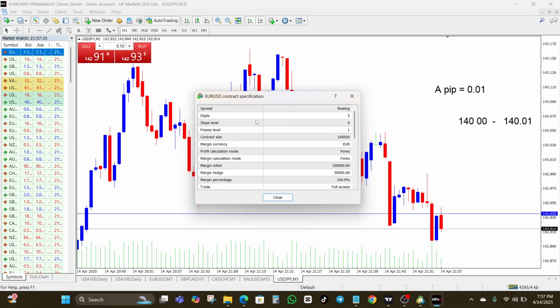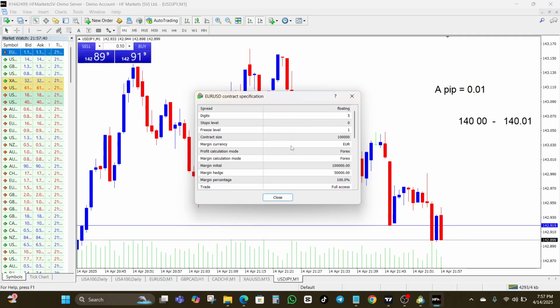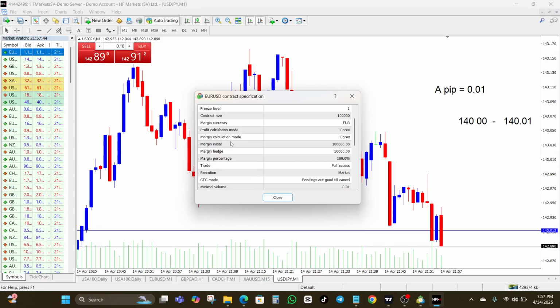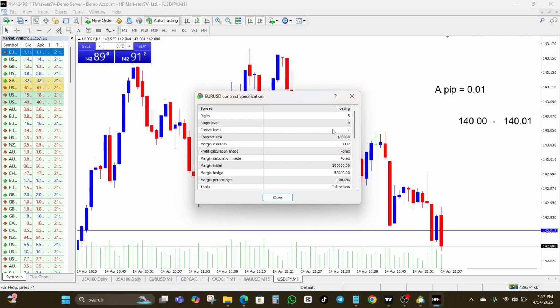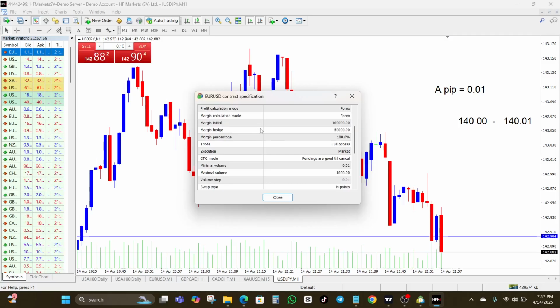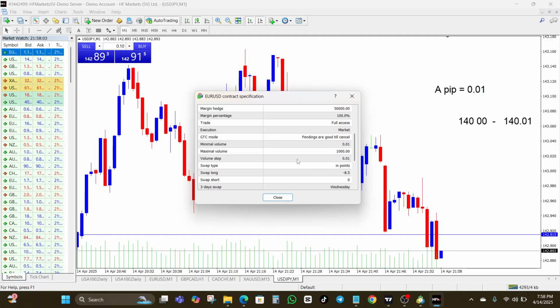The spread is floating, and here we can see digits showing that there are 5 digits for the Euro USD, which depends on your broker, whether your broker is using 5 digits or 4 digits. Let's see if there is any detailed information here for pips to be specific.